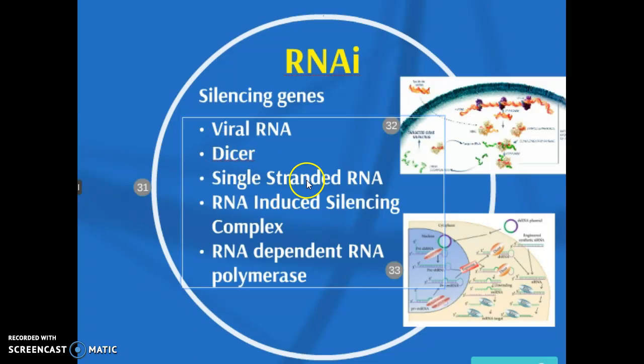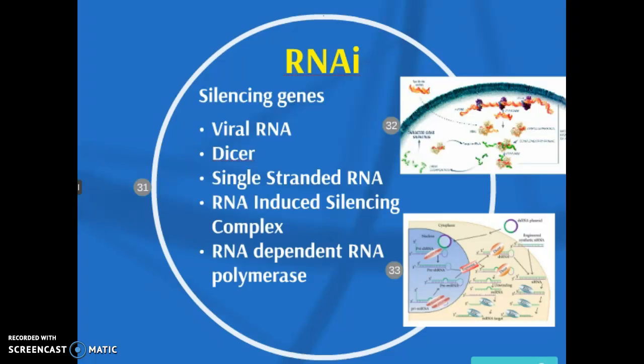And using this single-stranded RNA, this RNA-induced silencing complex, usually called a RISC, can now copy it and know exactly what genes are going to be terminated. Using this RNA-dependent RNA polymerase, you can just initiate the RISC complexes even more.